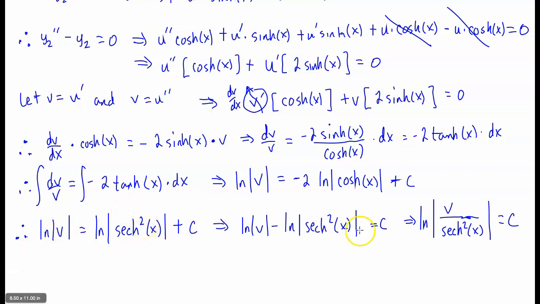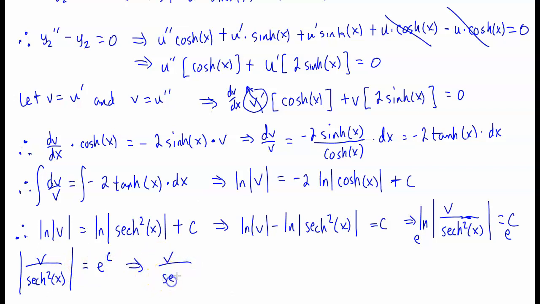I'm doing it. So from this approach here, if I go ahead and make this an exponential equation, then I just have absolute value of v divided by sech squared of x all equal to e raised to the c, which means that all this without the absolute value signs is just going to be plus or minus e raised to the c, which means that v is just going to be a times sech squared of x, where a is just this constant here, plus or minus e raised to the c.